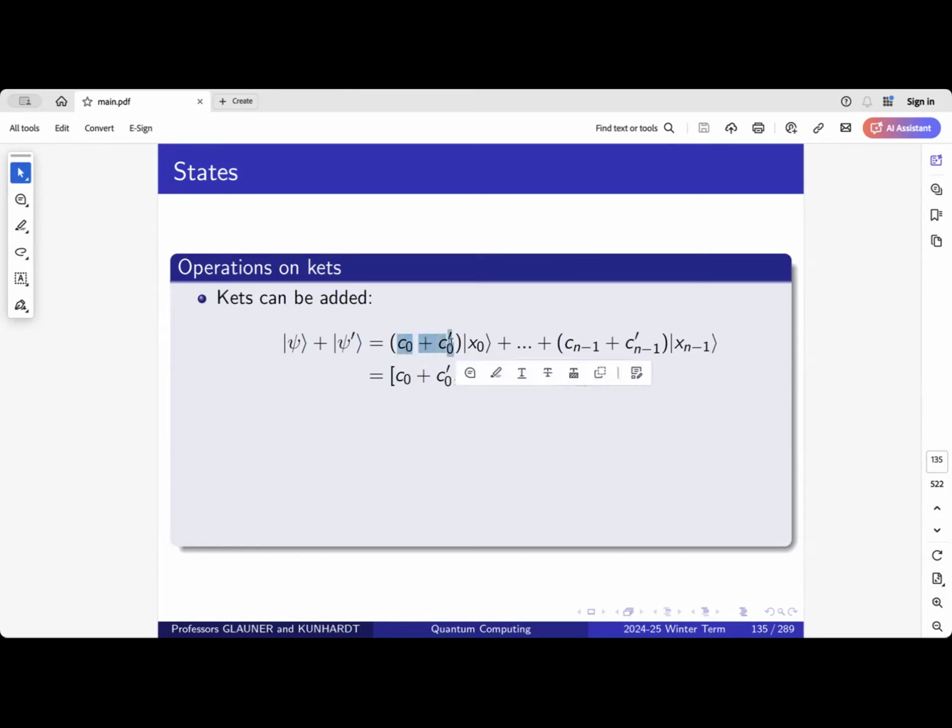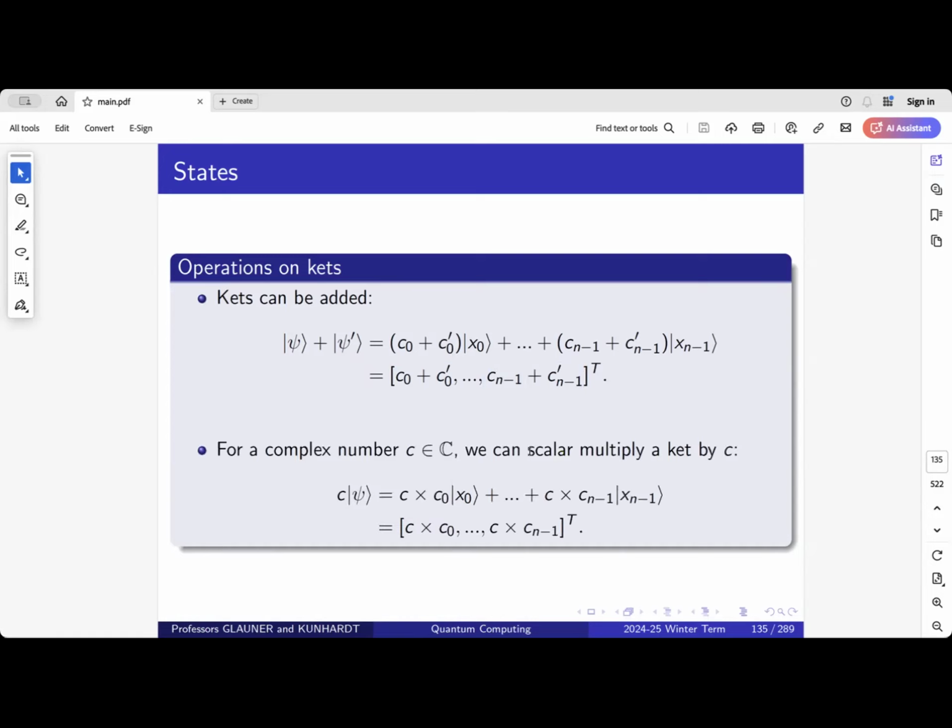So you add their complex values in each entry. So the first entry with the first entry and so forth. This is here just written in a highly generic perspective, but eventually you get your state, and the first entry is Z0 plus Z0 prime. Then the last entry is Zn minus 1 plus Zn minus 1 prime, and so forth.